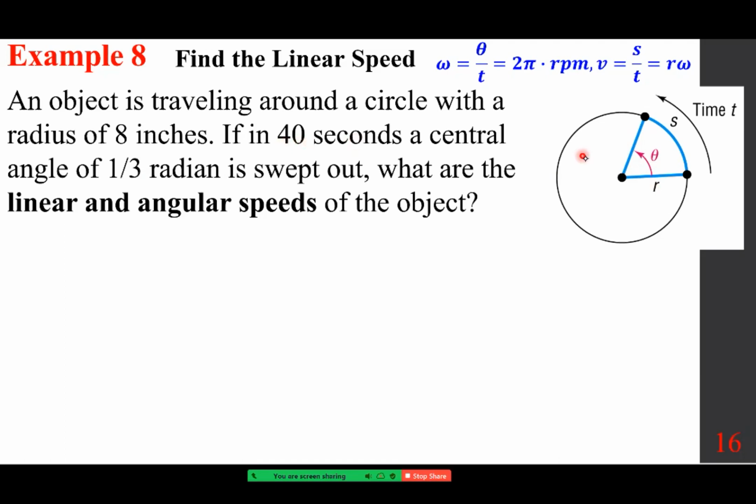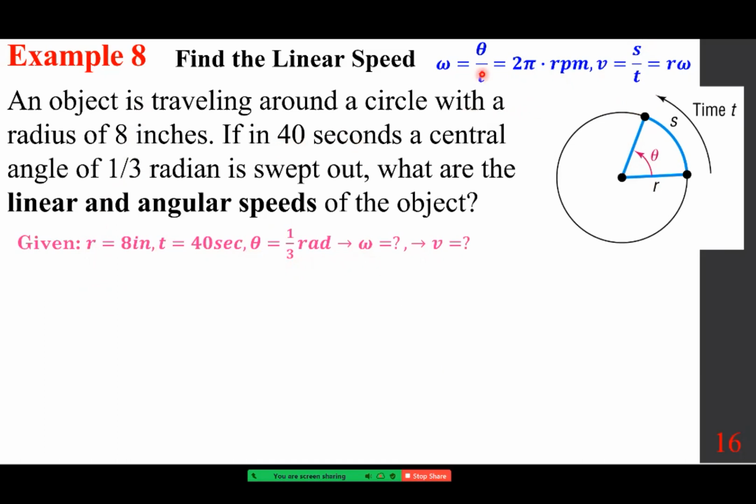And now we want to see what is the V and omega. So the radius is 8. Over the course of 40 seconds, theta becomes 1/3 of a radian. We want to find omega and V, and omega is theta over T, or 2 pi times RPM. V is S over T, or R omega.